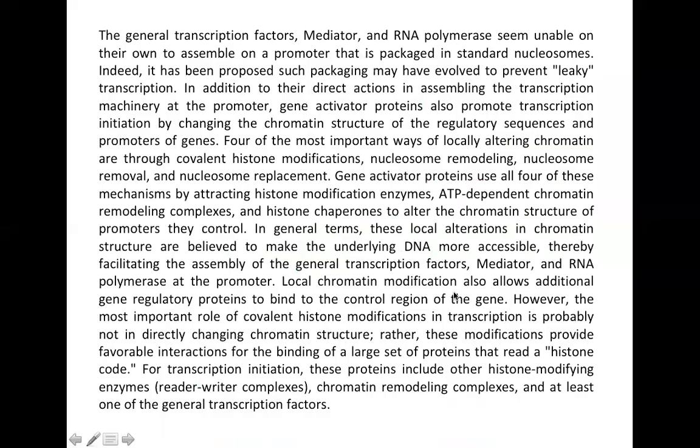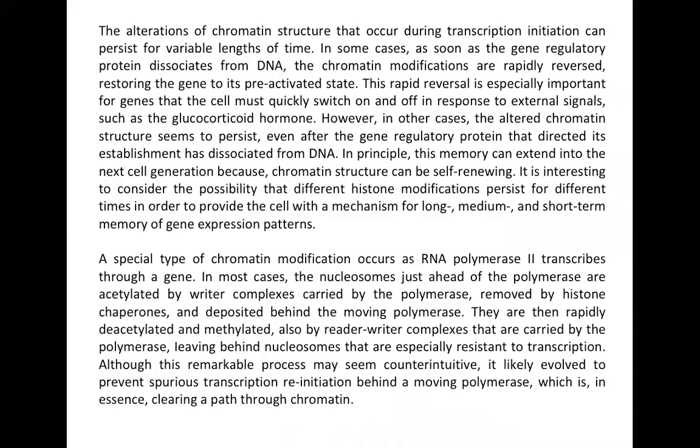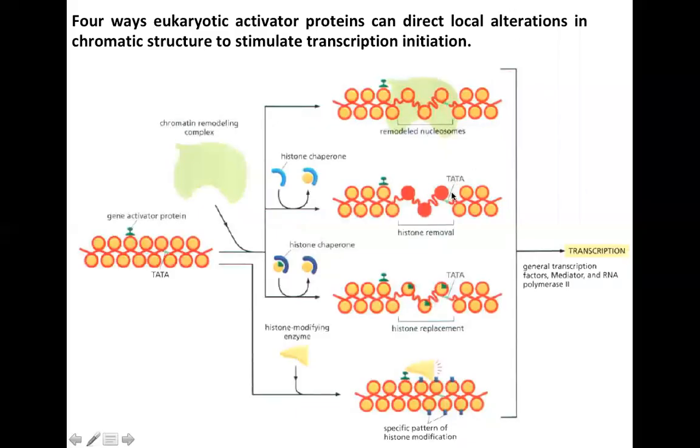Okay, and then we also talked about how different types of modifications can have different time spans and impacts. Sometimes they can be so short that the RNA polymerase 2, which carries along specific types of histone modification enzymes, keeps moving through the chromatin and keeps modifying and removing the histones next to it so that the DNA is liberated.